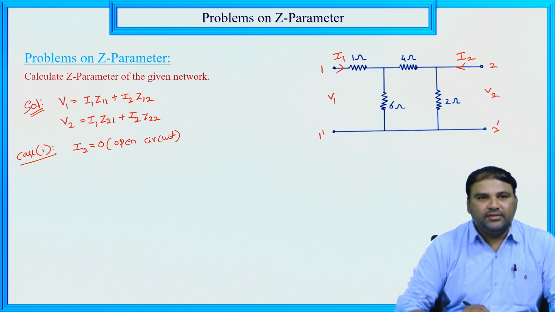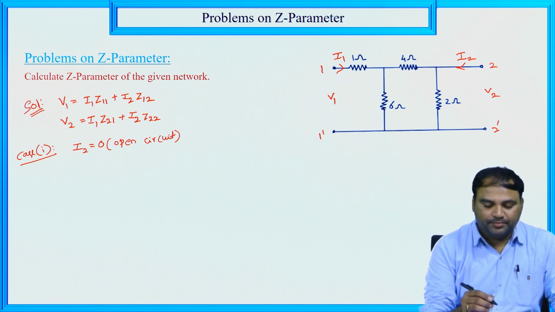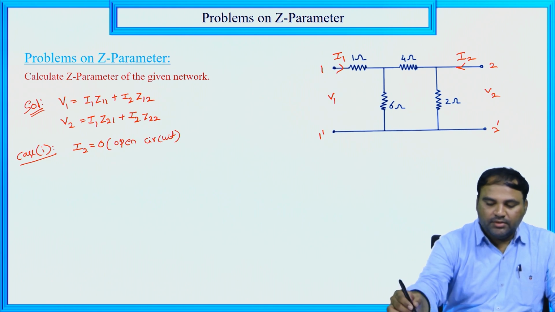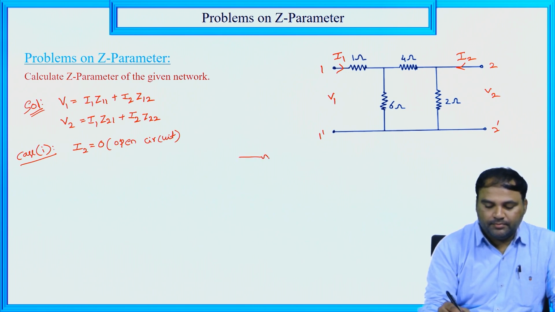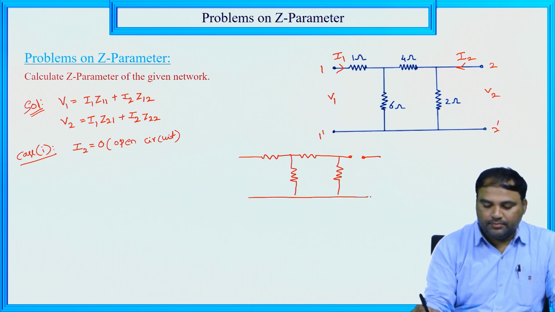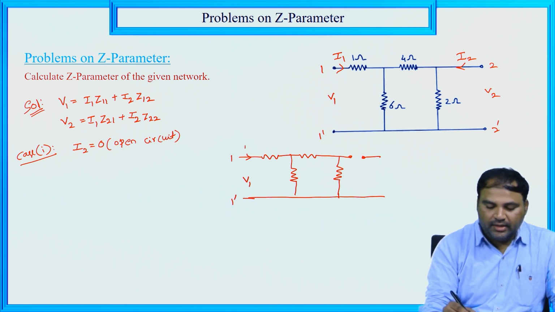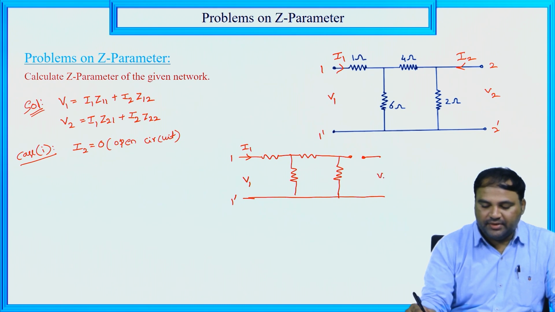So we need to draw the circuit here. This port 2 is open circuited. Here is the circuit, with V1, I1 at 1 dash, and V2.